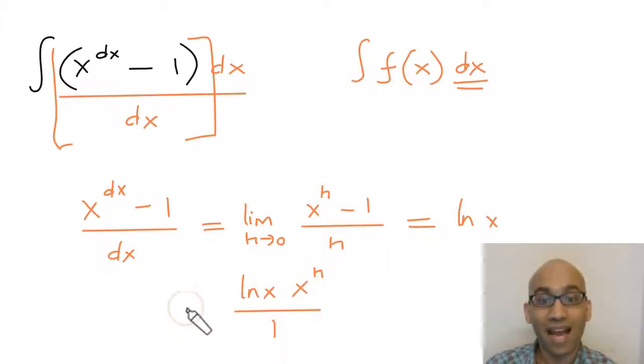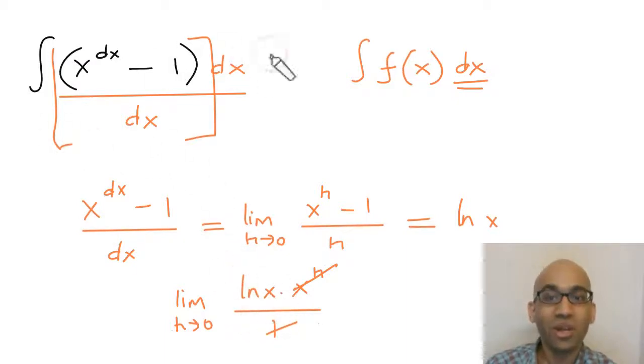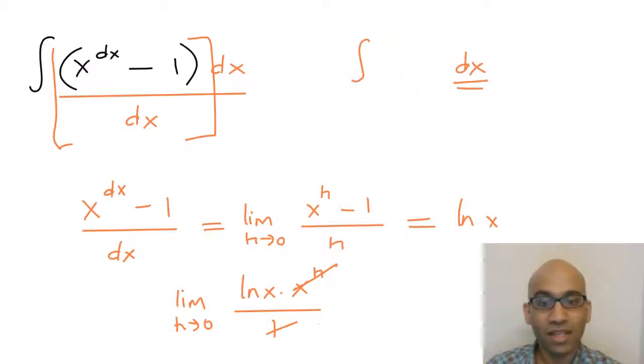And so now when we substitute h approaching 0 in this new limit, we get log of x multiplied by x power 0, which is 1, divided by 1. So we actually arrive at log of x. So here we are actually integrating. This whole section has become log of x. And so now we arrive at this familiar form where your f of x will actually be written as log of x.